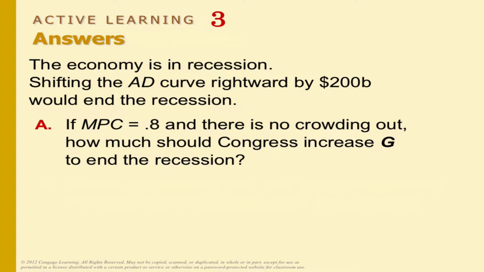There's no crowding out. How much should Congress increase government spending to end the recession? It's math. Is it a division or a multiplication problem? We need to shift aggregate demand to the right by 200 billion. And the MPC of 0.8 tells us people are going to spend 80% of what they get extra.